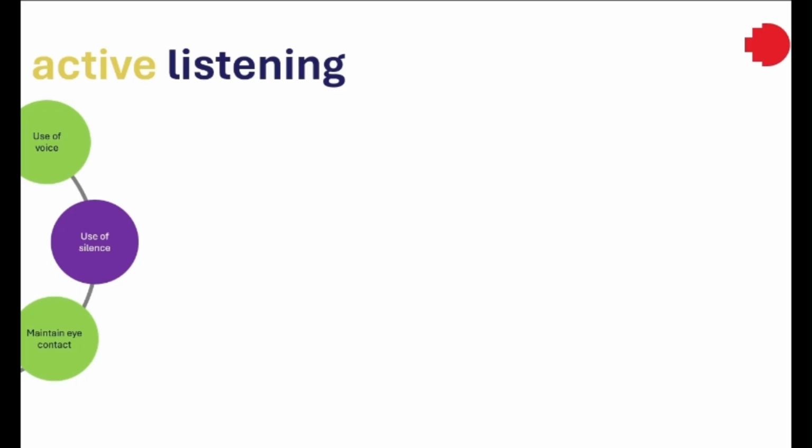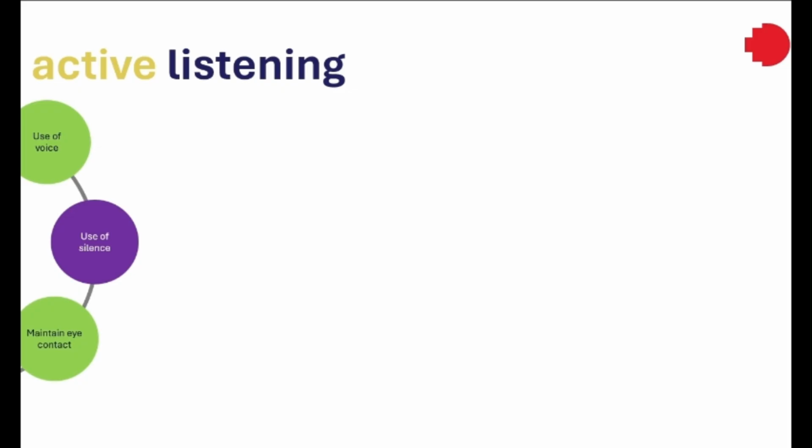So the use of silence is really important, and it can help convey or strengthen this rapport building exercise we've been talking about, and this idea of bridging the emotions between the counselor and the client. And it's not just about staying silent, but staying attentive.